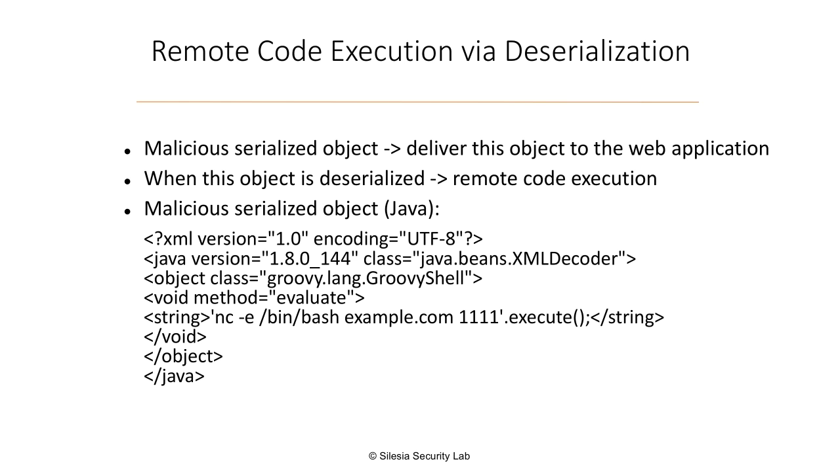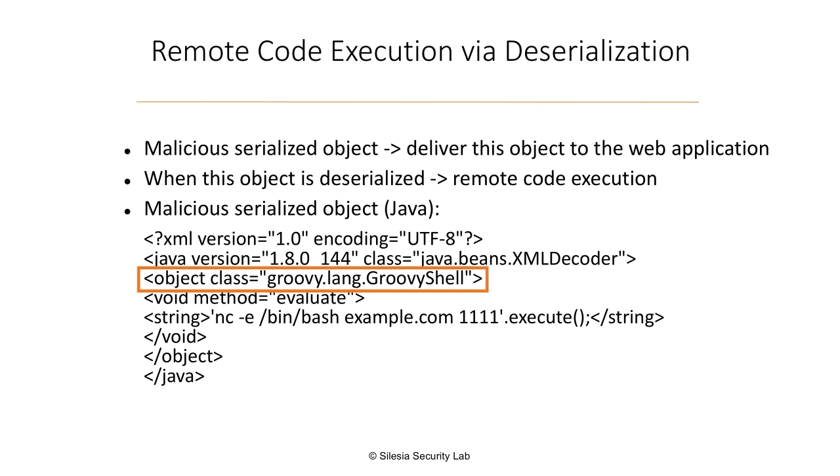To make it work, we are going to use groovy.lang.GroovyShell. Please take a look at this line. This class is used in Java to actually execute shell commands. My shell command is to establish a reverse shell connection, so I need a class that allows me to launch shell commands.